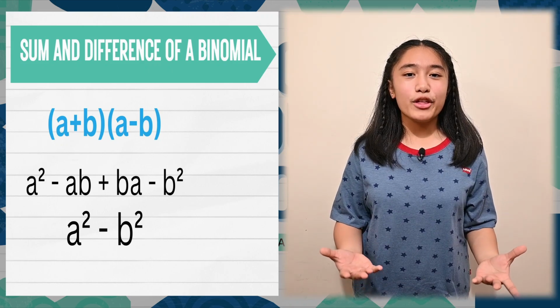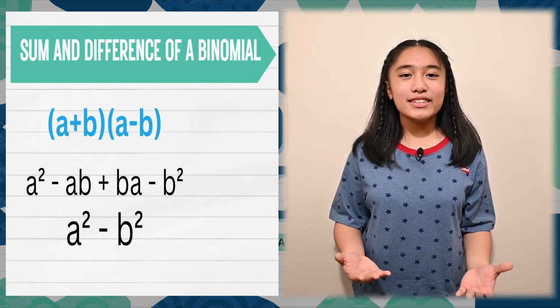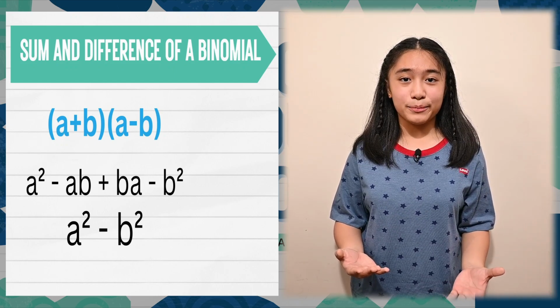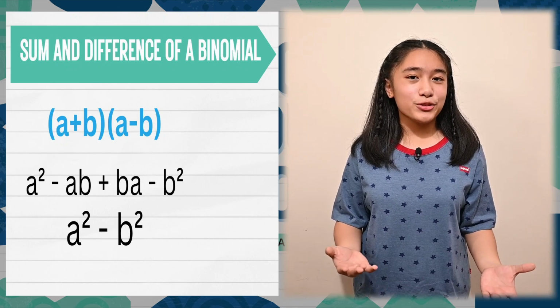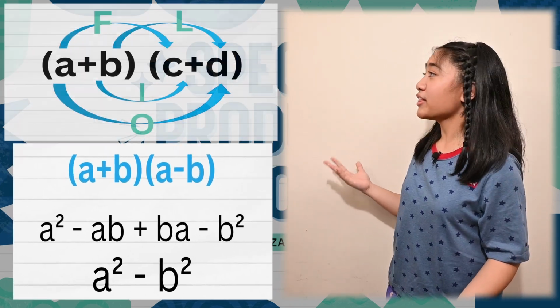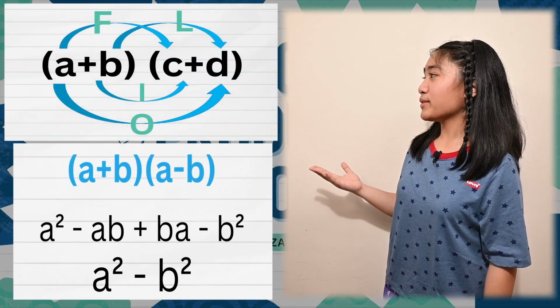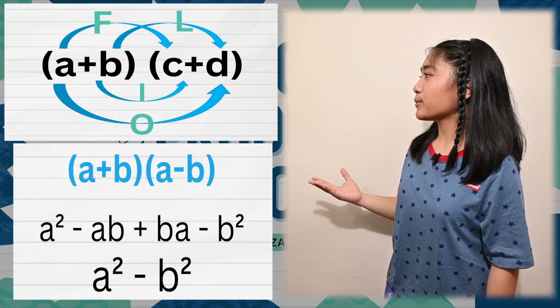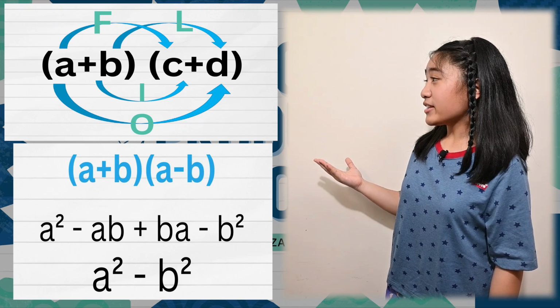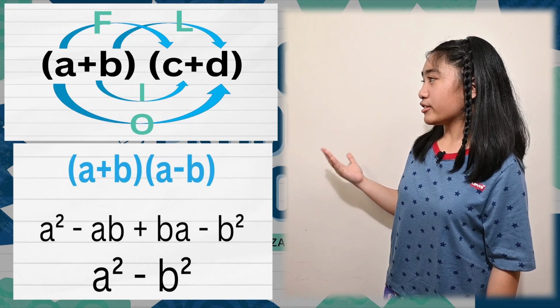The product of the binomial sum and difference is equal to the square of the first term minus the square of the second term. Here's how it works visually using the FOIL method. Find the first terms, outer terms, inner terms, and last terms. We will get a squared, negative ab, positive ba, negative b squared.